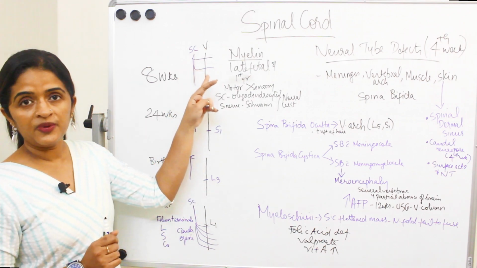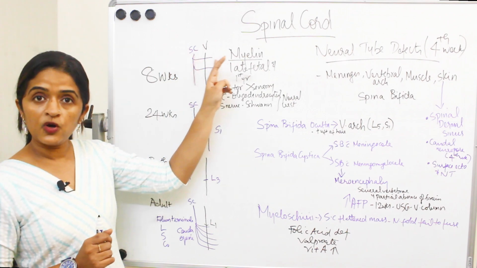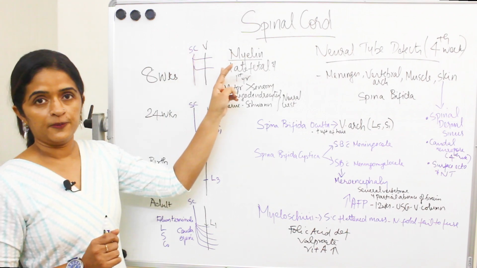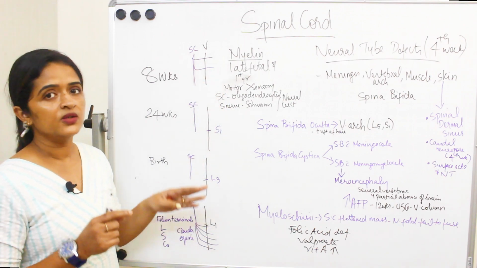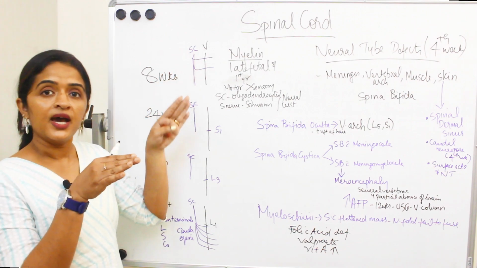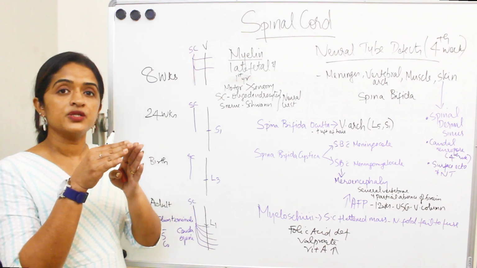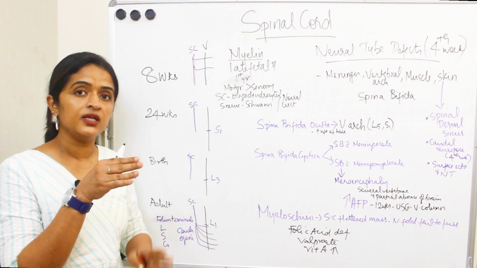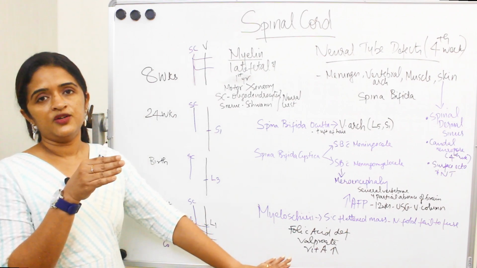In the initial period, the spinal nerves emerge corresponding to the vertebra, isn't it? But in the adult period, the vertebra which corresponded to the spinal cord in the embryonic period has shifted its position down. So the spinal nerves have to make their exit by traveling down vertically, then laterally.